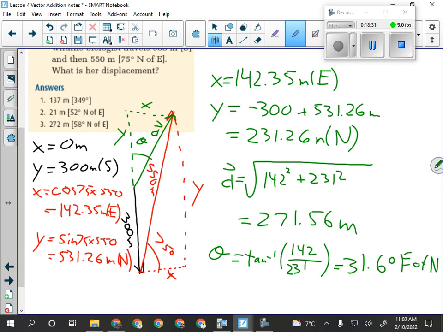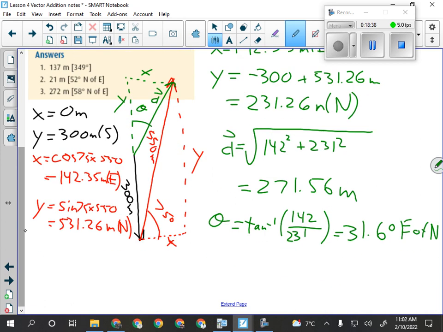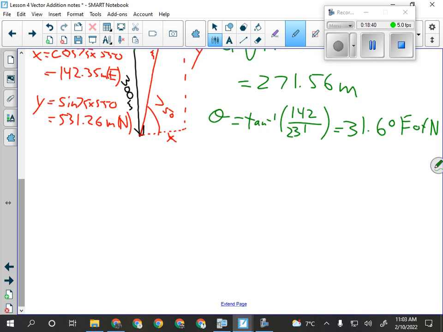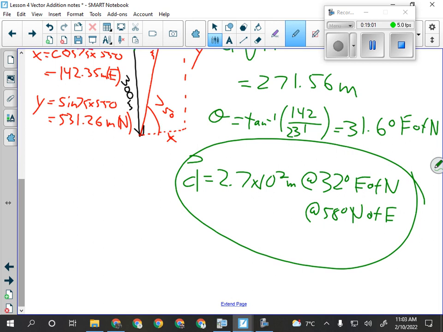That one only has 2 significant digits, so we're going to have 2.7 times 10 to the 2 meters at 32 degrees east of north, or at 58 degrees north of east. Are you all right with that one?